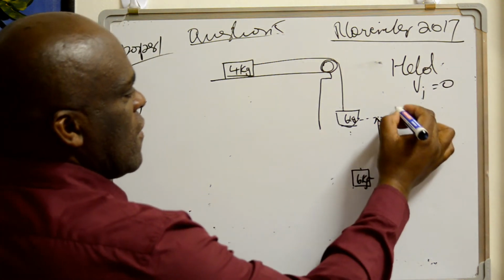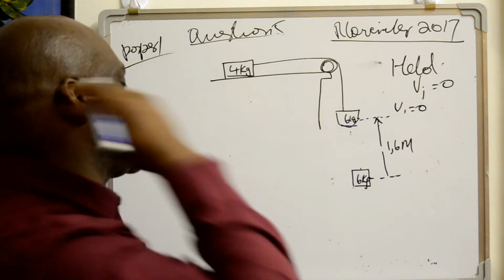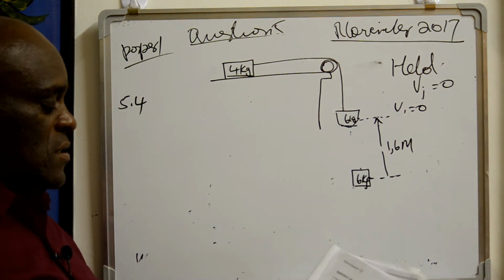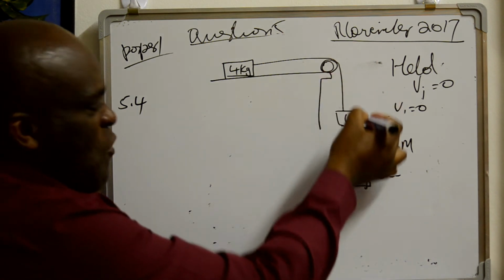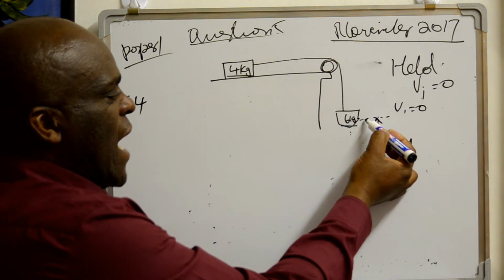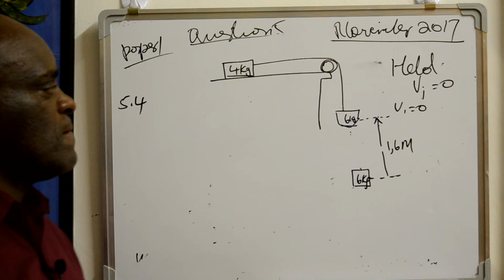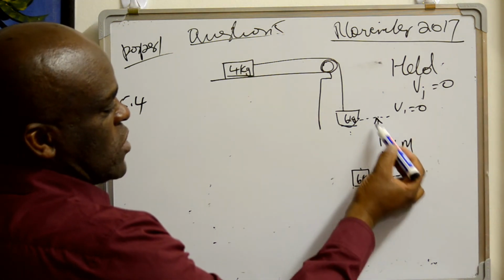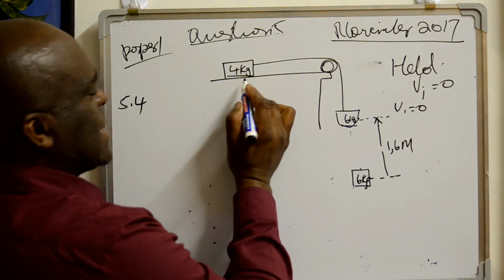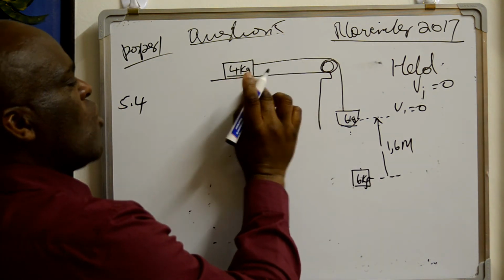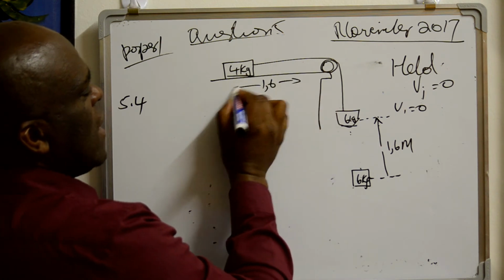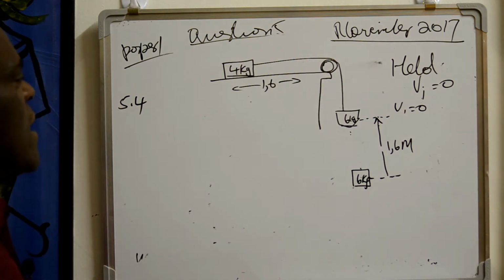Initially it was at rest, but now it started to move. It started to fall from a height of 1.6 meters. So if this box moves 1.6 meters, obviously this 4 kg will also move 1.6 meters, the same as the 6 kg.